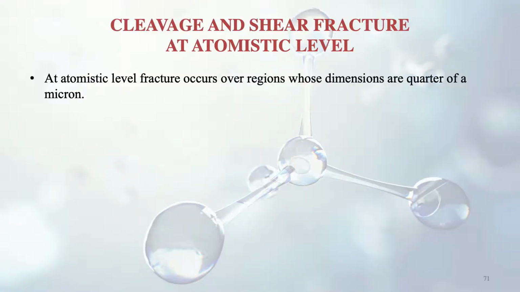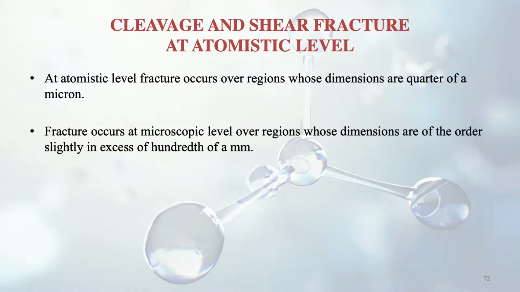So, cleavage and shear fracture at atomistic level. Now we can see at atomistic level, fracture occurs over regions whose dimensions are a quarter of a micron. You can consider that a micron is around 10 to the power of -6 meter. So for a very small region we are taking. Fracture occurs at microscopic level over regions whose dimensions are of the order of slightly in excess of 100th of a mm.